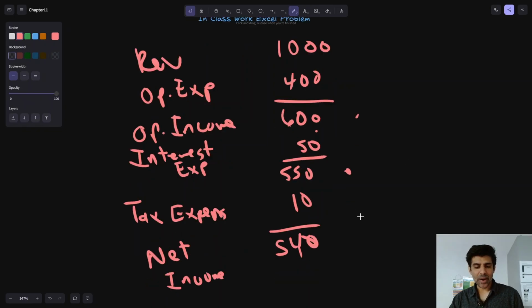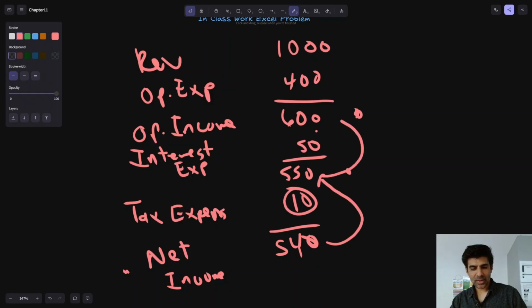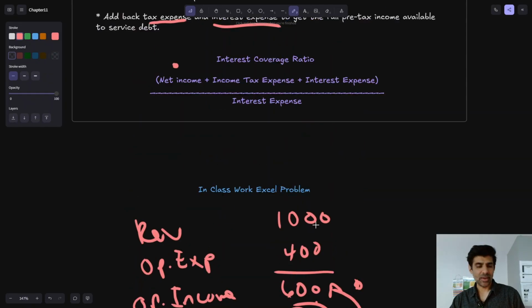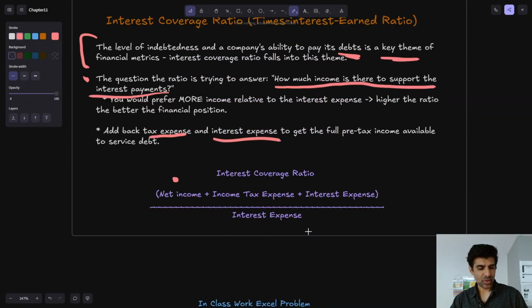So what we care about is not your net income. We care about how much money you have to pay your interest. So we're going to go back to here by adding this. And then we're going to go back to here by adding this. Okay, so that's what this is. So you start with your net income, you add back income tax, and you add back interest expense.